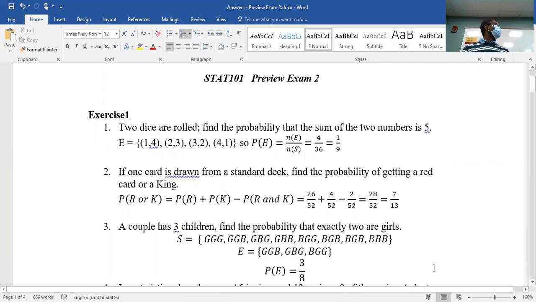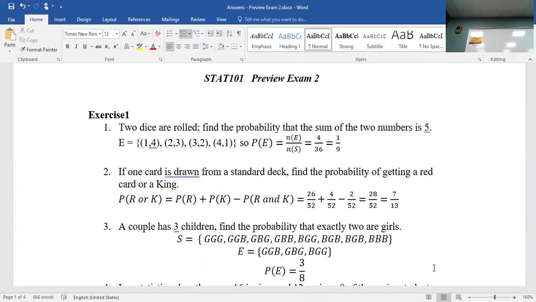So we start with exercise 1. 2 dice are rolled. Find the probability that the sum of the 2 numbers is 5. So we list the possibilities. Remember when we were having those cards with numbers on it? We list all our possibilities. Here there are 2 dice. So you can choose 1 and 4, and 4 and 1 can be an option.